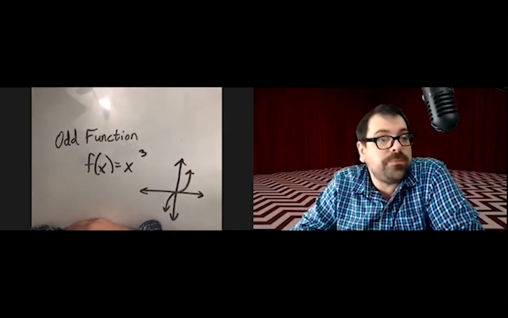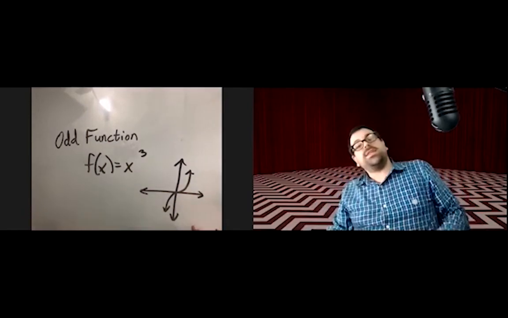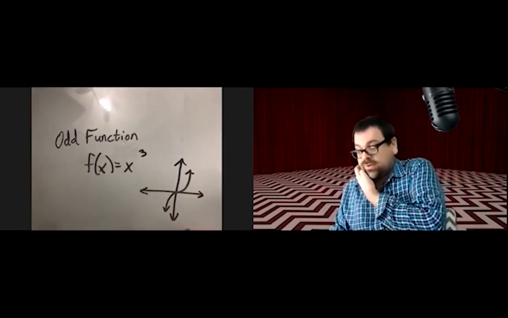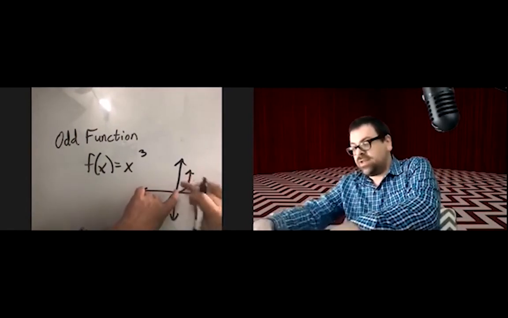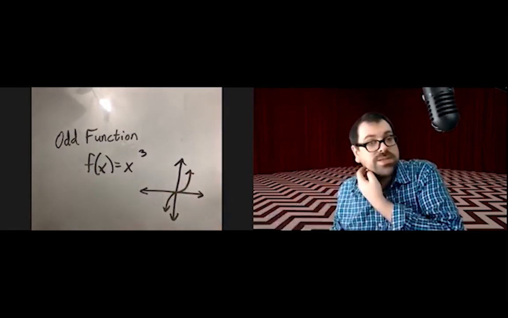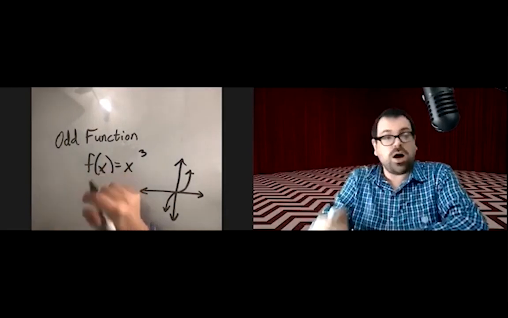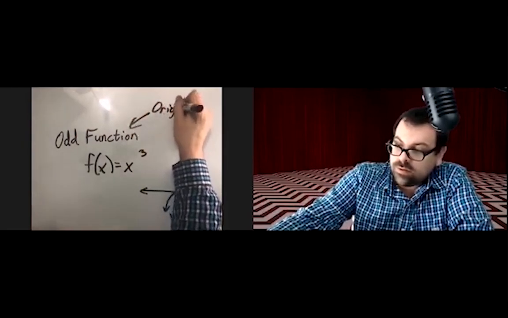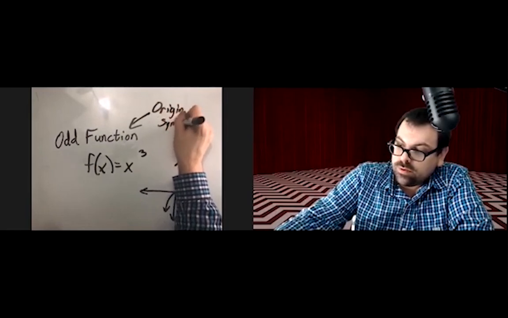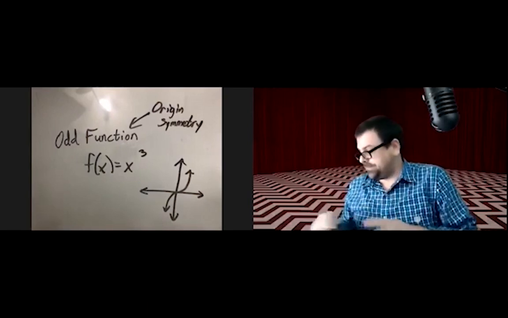It's the cubic function. Doesn't have x or y-axis symmetry. Like we just saw in an example, a cubic, one that's still centered at the origin, has origin symmetry. If we hold down in the center and spin it upside down, we end up with the same graph we started with. So odd functions have origin symmetry.